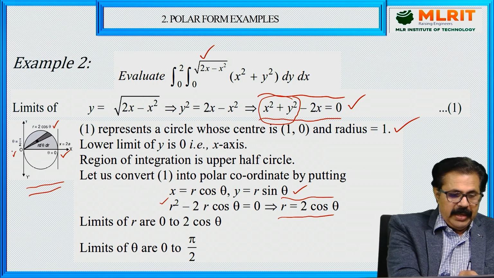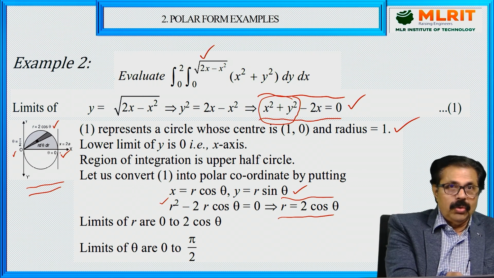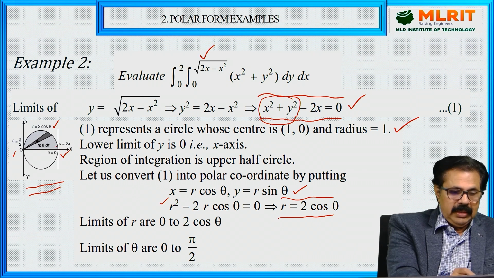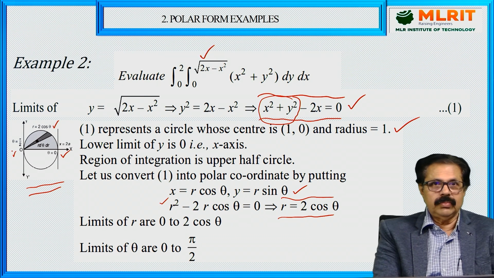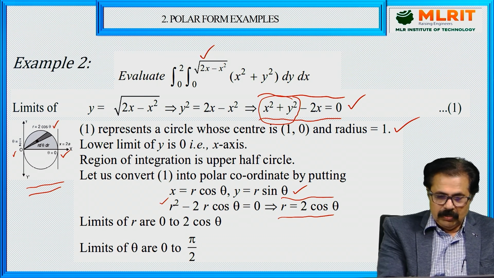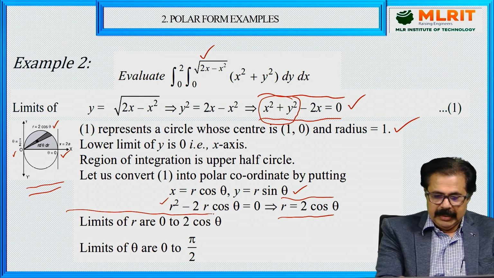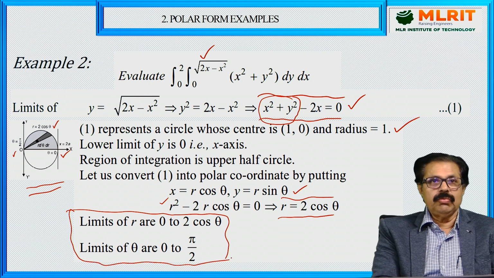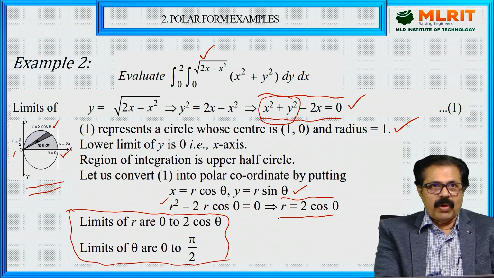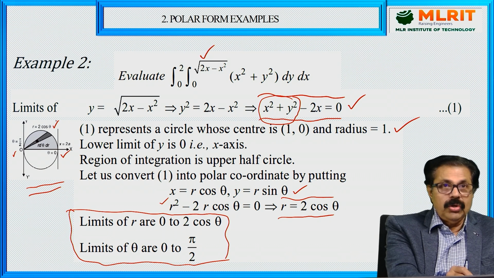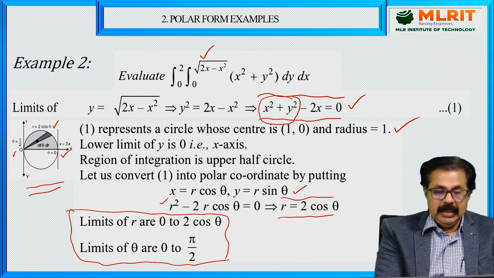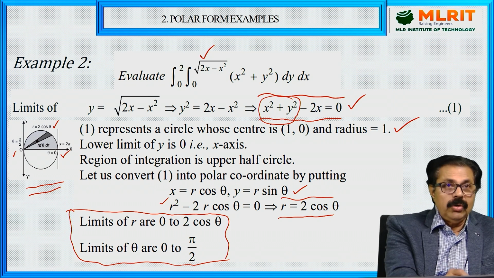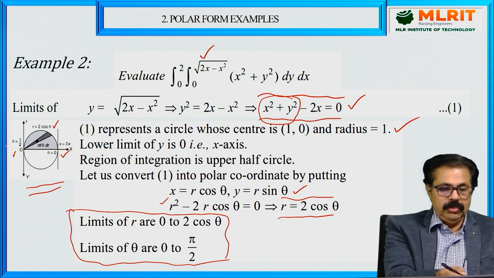And theta equal to 0 on the right, theta equal to pi by 2 on the left. So after conversion to polar form, the limits of r are 0 to 2 cos theta, and the limits of theta are 0 to pi by 2.